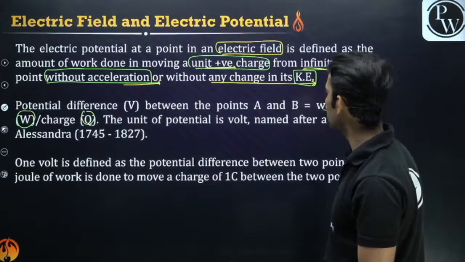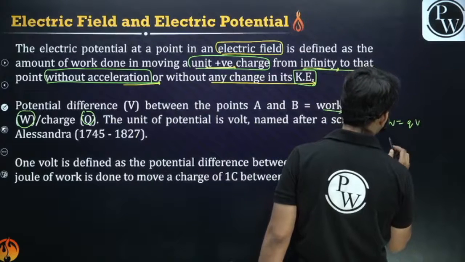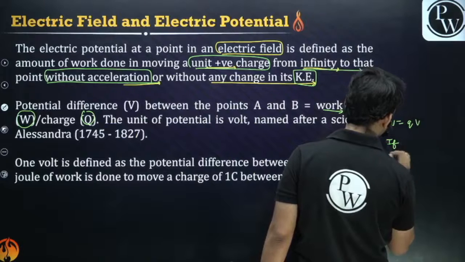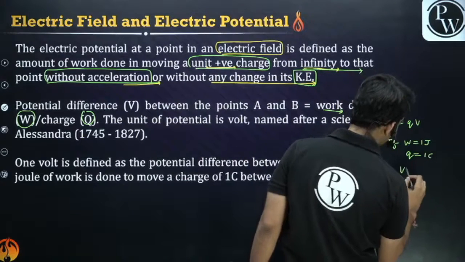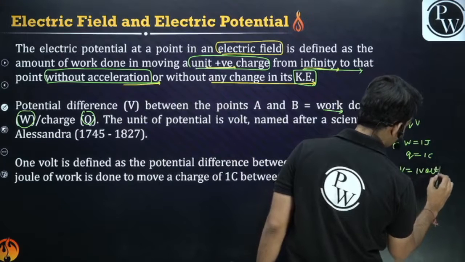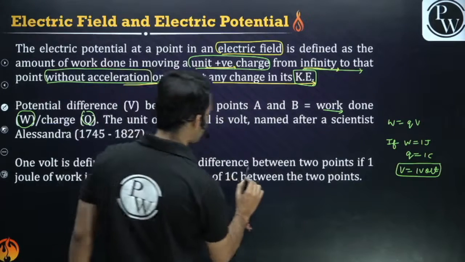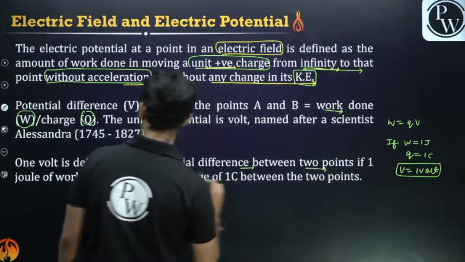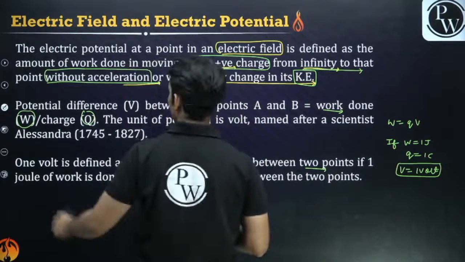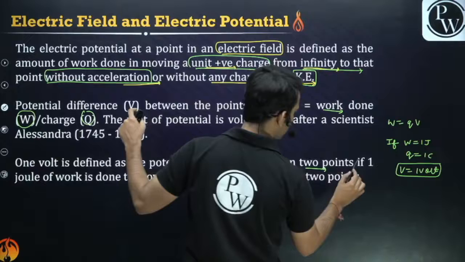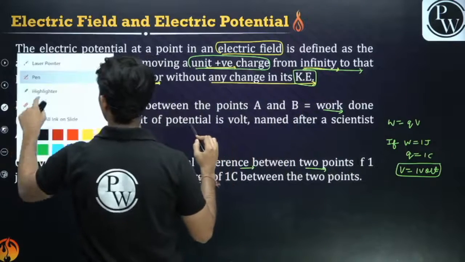Now what is 1 volt? Guys, W is equal to Q into V. So if W is 1 joule and charge is 1 coulomb, voltage would be 1 volt. Voltage is measured in volts. So what is the definition of 1 volt?